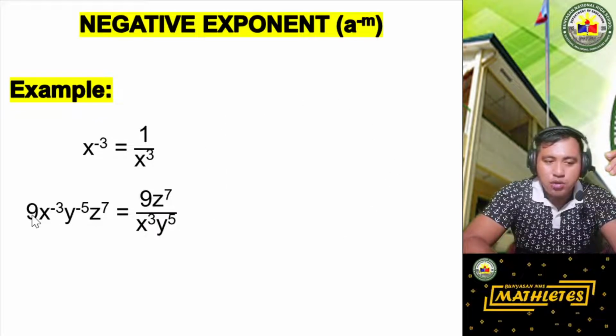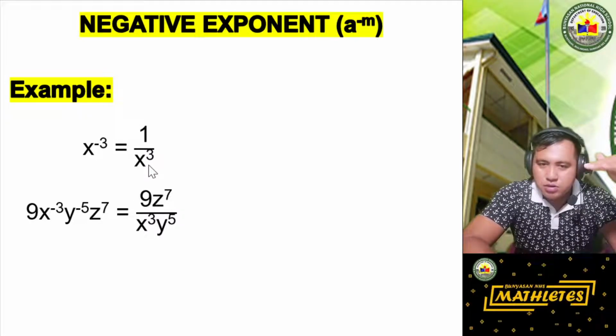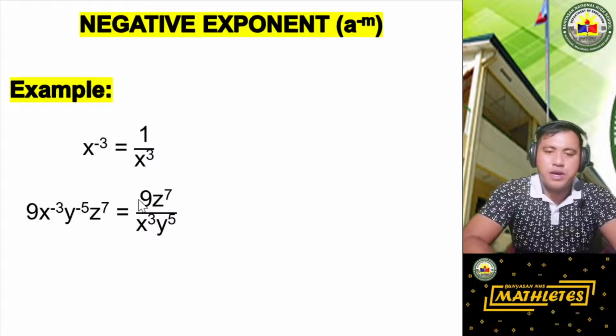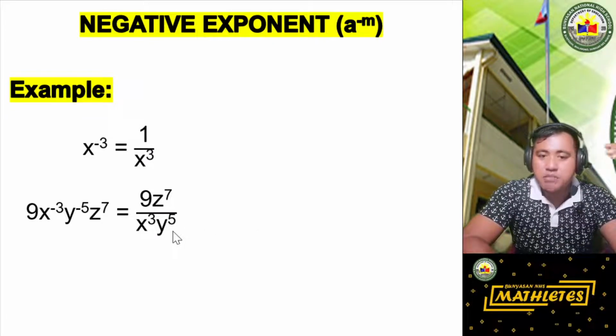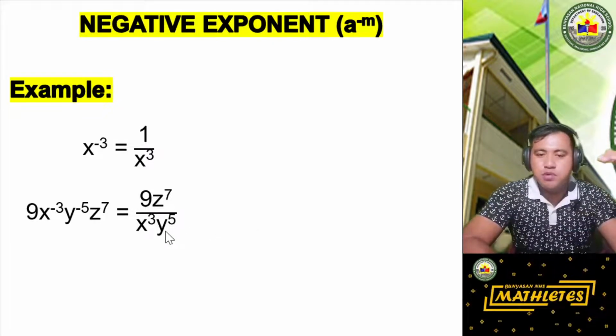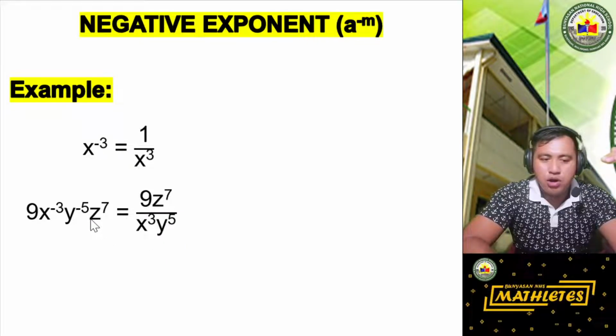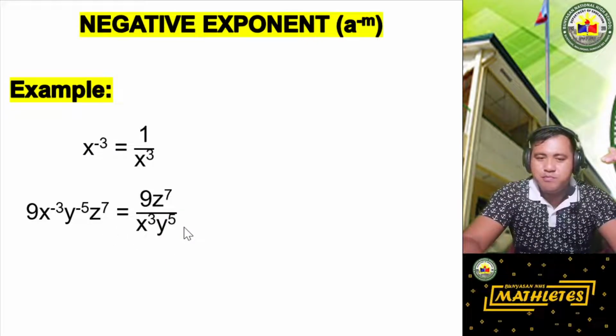Maiiwan si 9 at saka si z to the power of 7. Then, si x to the power of negative 3 at saka si y to the power of negative 5 mapupunta sa denominator, at kapag nailipat na, magiging positive na yung exponent nila. So, x cubed y to the power of 5.